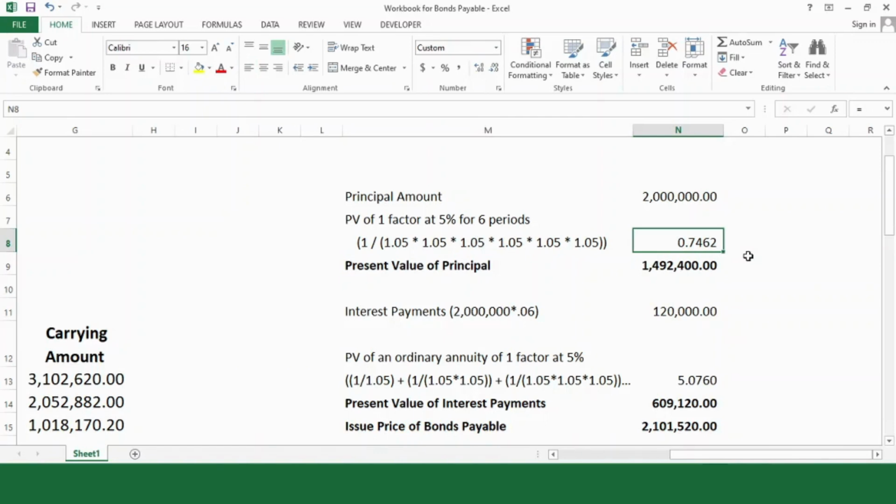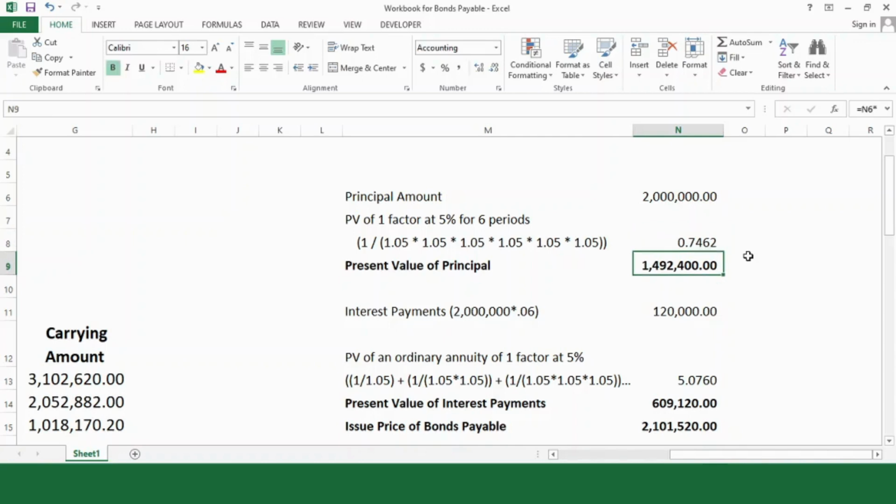Sa mga financial calculator, mas madali. 1 divide 1.05, so first period, that is 0.9523. Click mo lang yung equal ulit, 6 na beses mo lang i-click. That's how you get 0.7462. Times mo yan sa 2 million, makukuha mo yung present value ng principal.